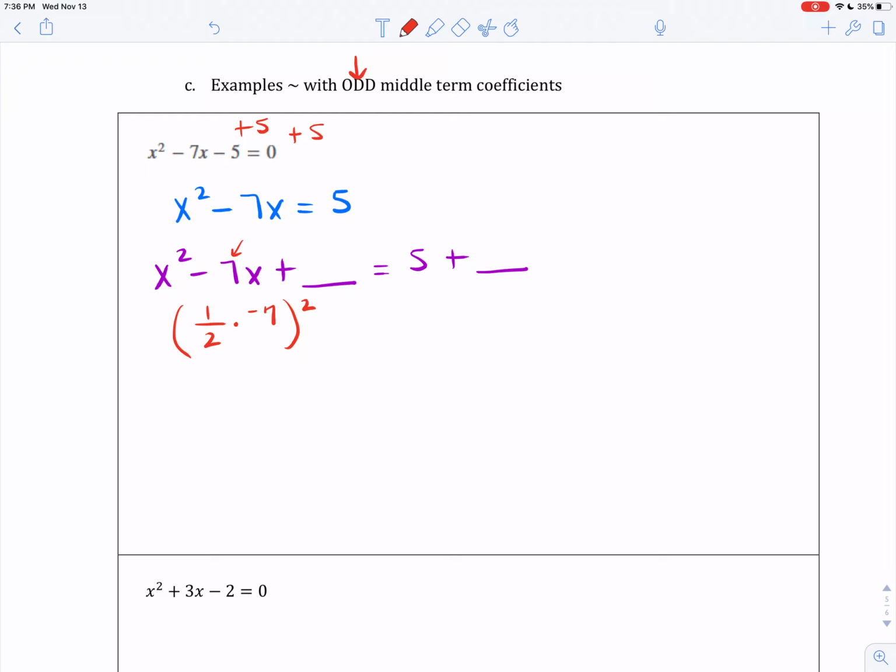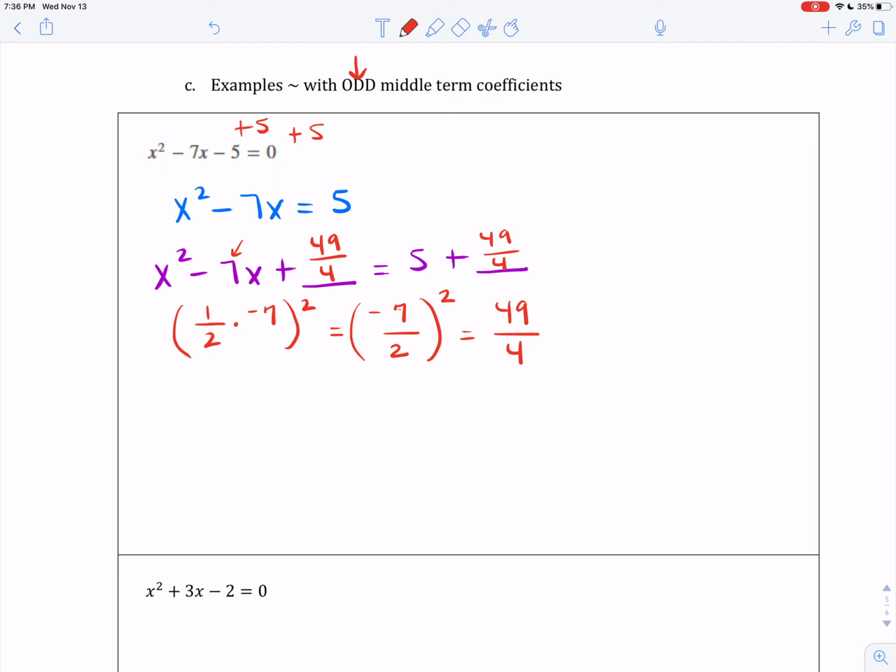All right, so if I take 1/2 of negative 7, I'm looking at negative 7/2. And when I square that, that's going to give me a positive 49 over 4. Square the top, square the bottom. And that's what I'm going to need to add to both sides.